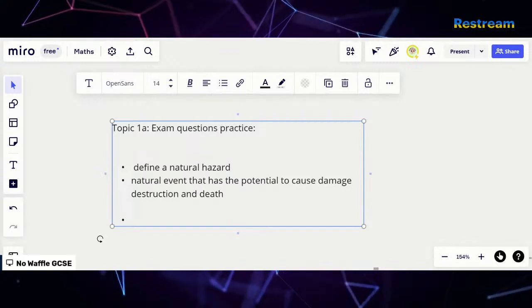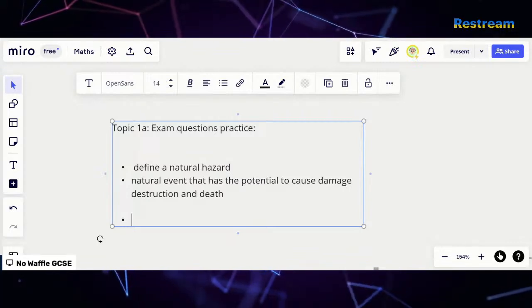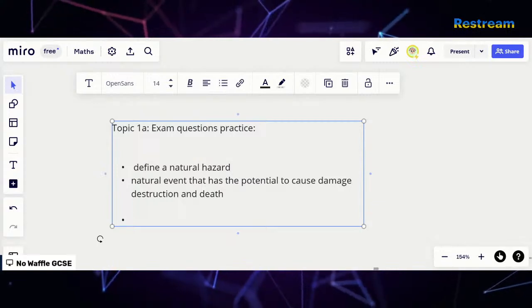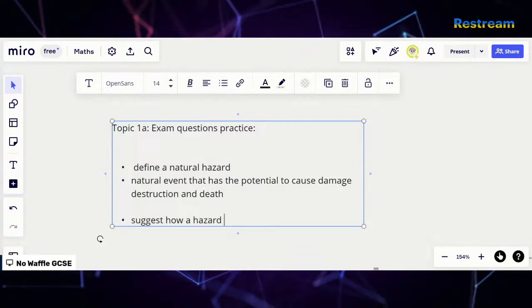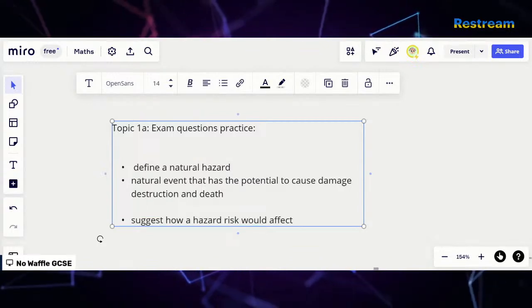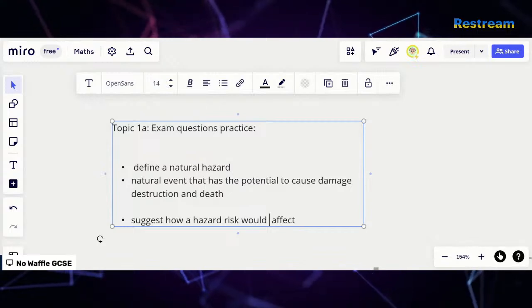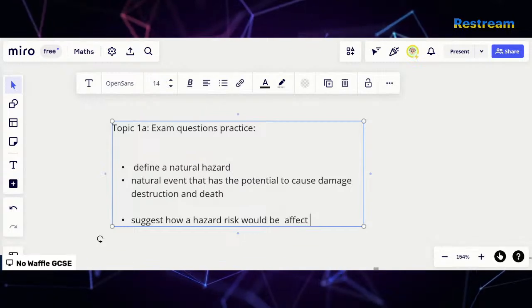Okay. The next question. Suggest how a hazard risk would be affected by an increase in population.